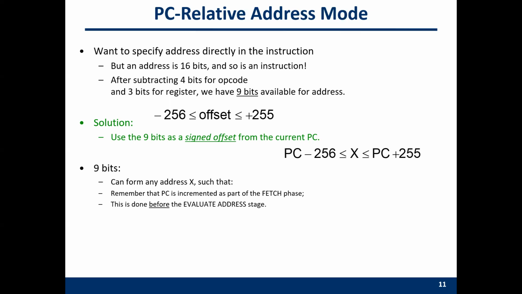So 9 bits can help us to indicate 512 numbers because we have positive and negative. So this is the range which can be represented by those 9 bits. And we can use these 9 bits to represent a signed offset.